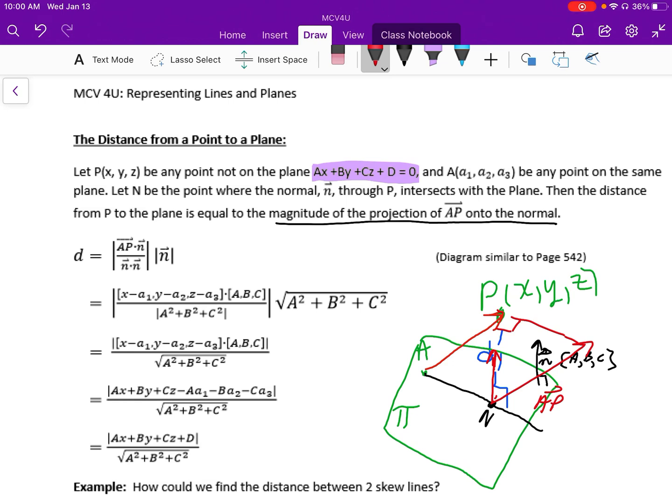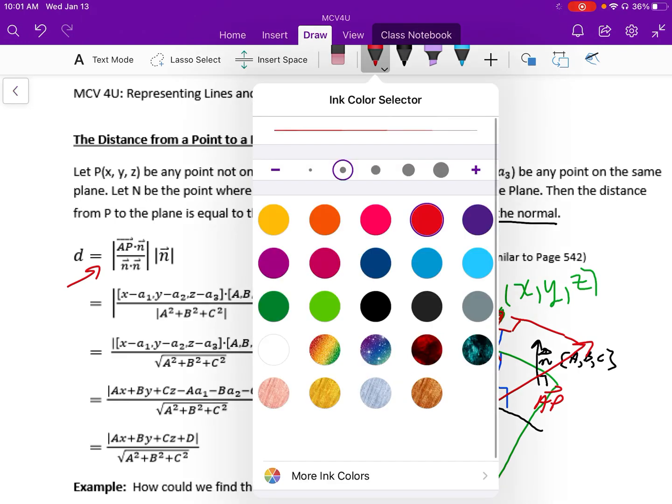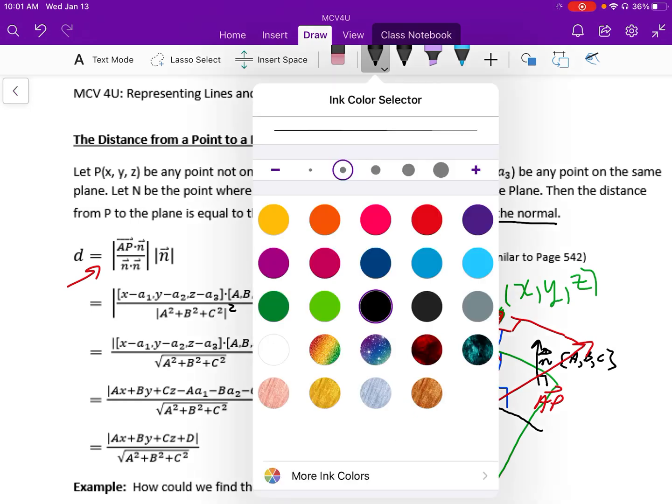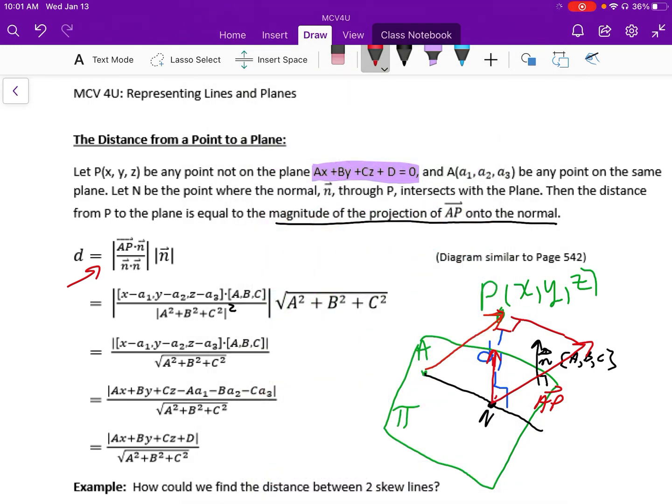So go through, same thing here. Again, this is the magnitude squared. I didn't put that down, I'm missing that part on this, okay? And you can work your way through. Again, we have a reduction from the magnitudes here with the one there. We end up with the denominator being the magnitude of the normal vector.